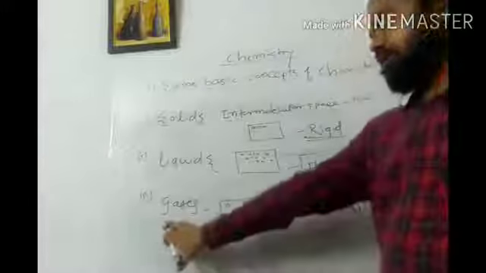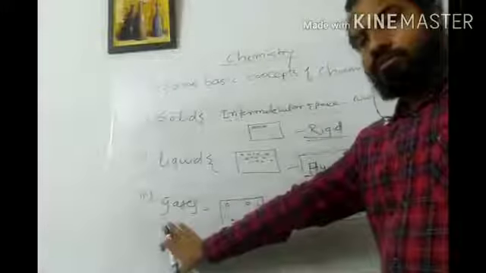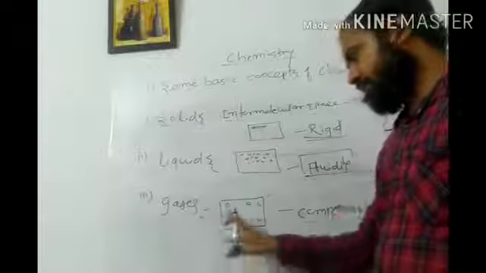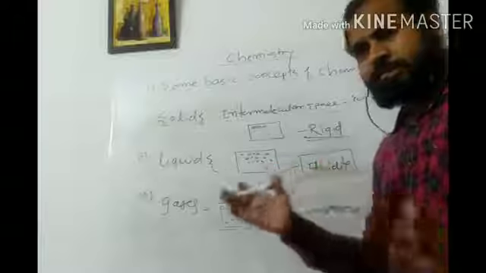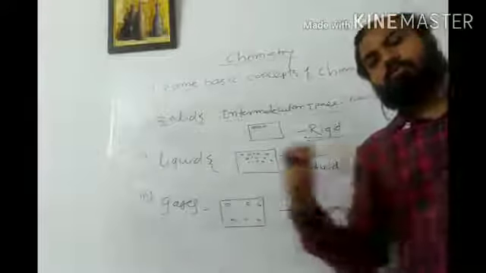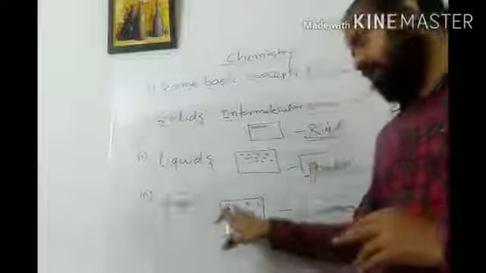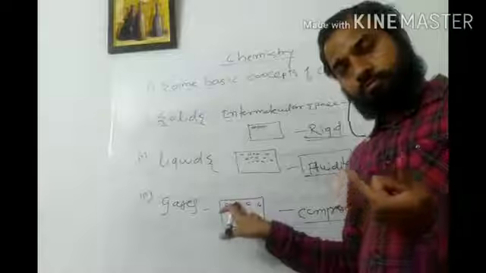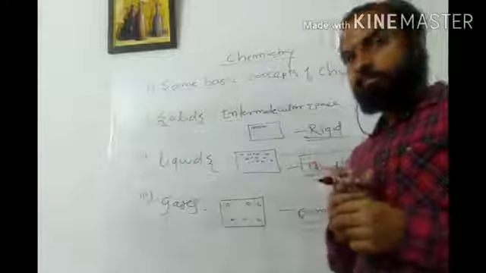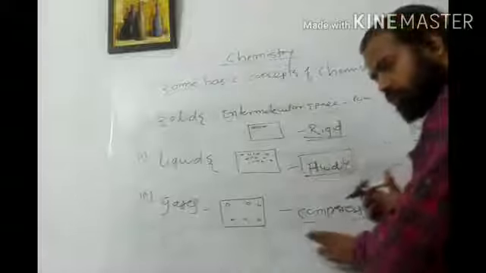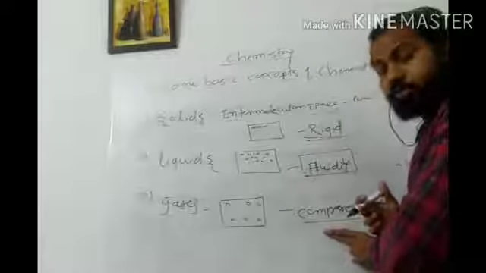The third type, according to the classification, is gases. In gases, the molecules are very dispersed in nature. The distance between them, or intermolecular space, is too high. As this distance is high, there is less intermolecular force of attraction between them. The most important property of gases is that they are compressible.